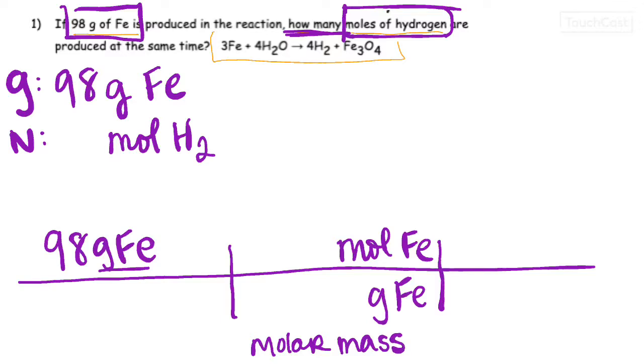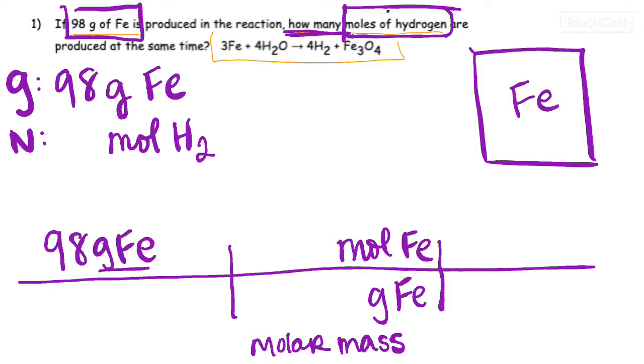So what that means is I need to look at my element box for Fe. And I have 55.85. So that means I have 55.85 grams of Fe per 1 mole of Fe.